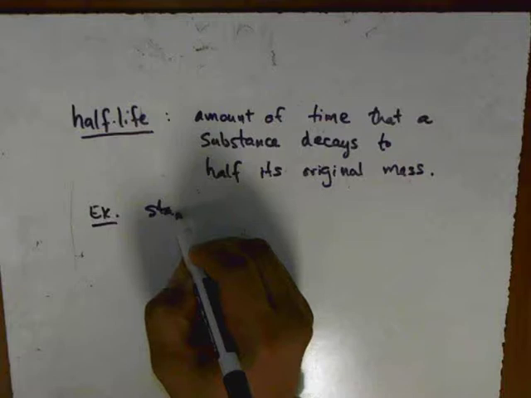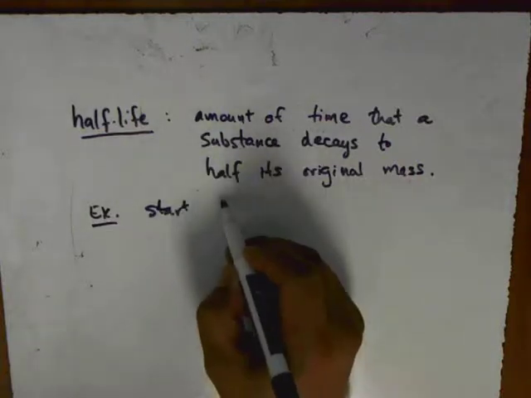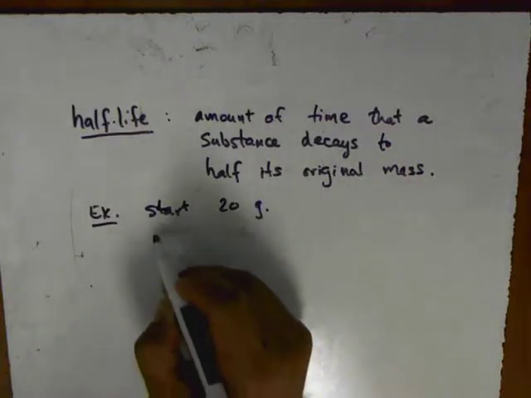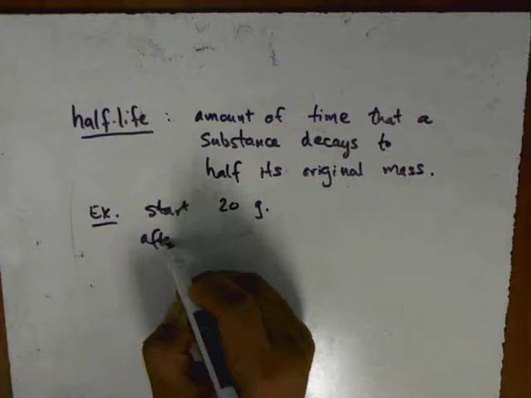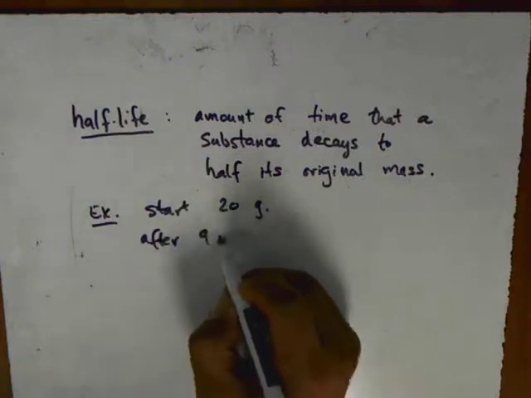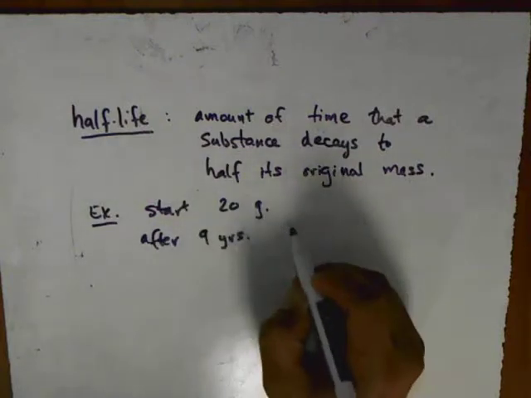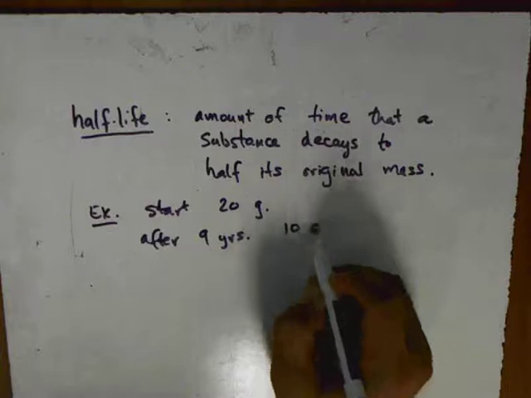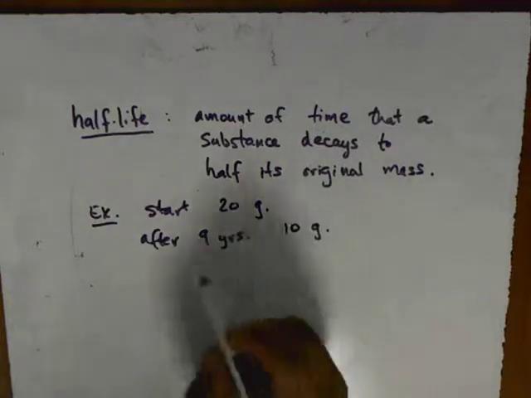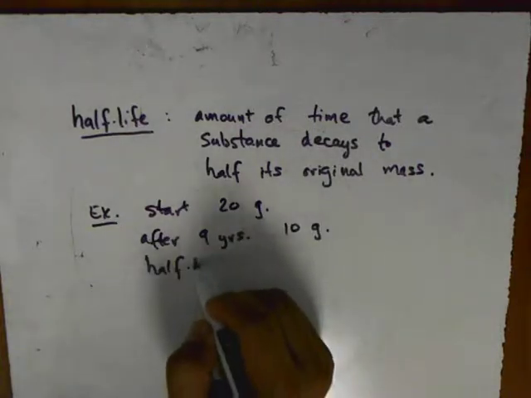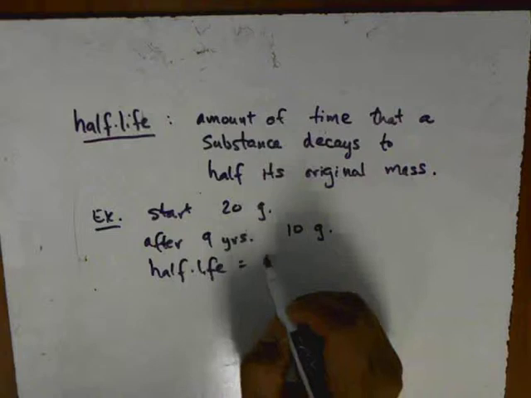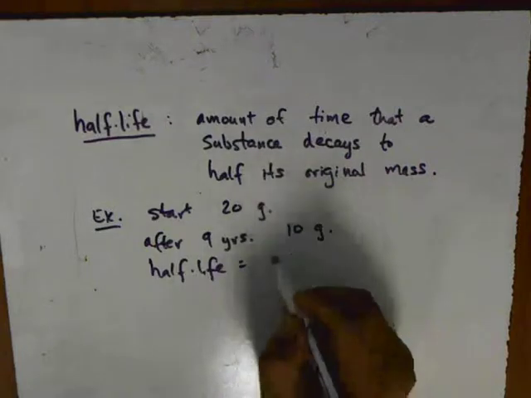If I start with 20 grams, and after 9 years I have 10 grams, okay, so 10 is half of 20, then the half-life equals 9 years.